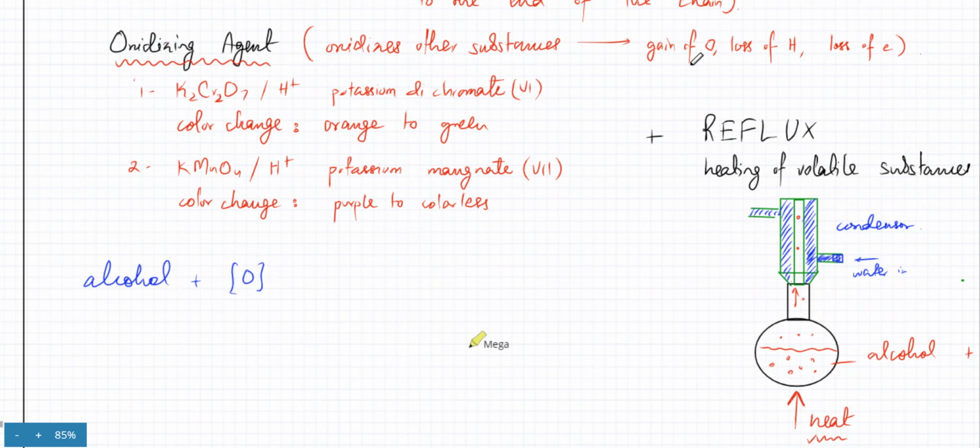Gain of oxygen. So it provides oxygen, and the alcohol would change into a carboxylic acid, plus water molecules are produced. This O represents the oxidizing agents K2Cr2O7 and KMnO4 that we wrote above.